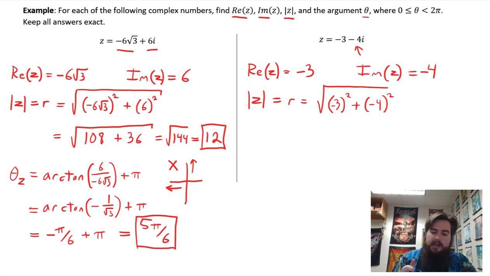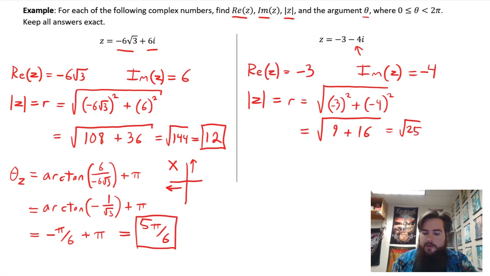So you can use that concept, or you can calculate it directly to get, in this case, 9 plus 16 underneath the square root, which is square root of 25, or, as we should know from using Pythagorean triples, our third side there is 5. This is a 3, 4, 5 triangle for a complex number.